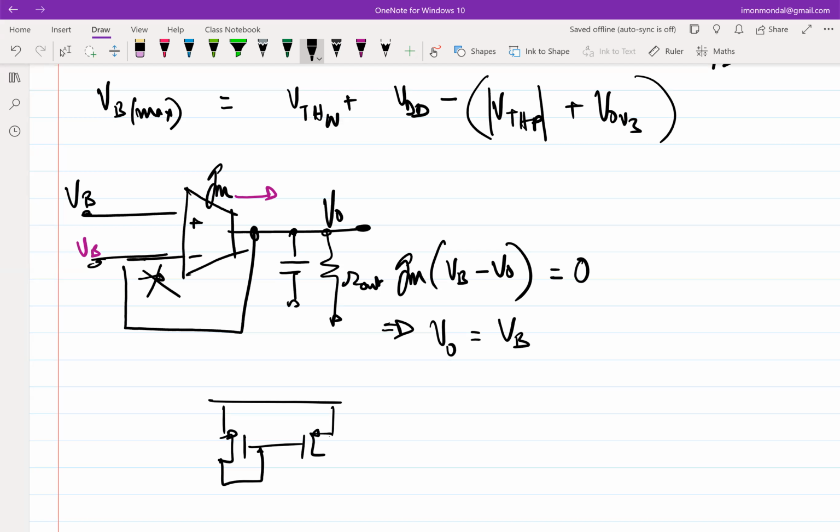For example, if VB is supposed to be 1 volt, and after putting in negative feedback it's like 0.95 volts, that's fine. With zeroth level approximation, I can say that the plus and the minus terminals are approximately at 1 volt. Not too much of a problem. But if I ask what is the difference in voltage, then you cannot say 0. Then you have to actually find out the error voltage.